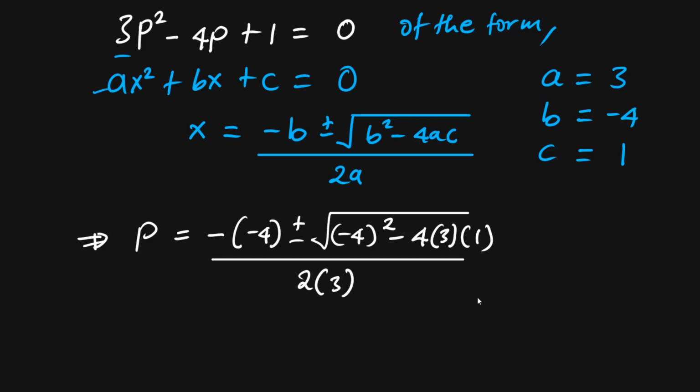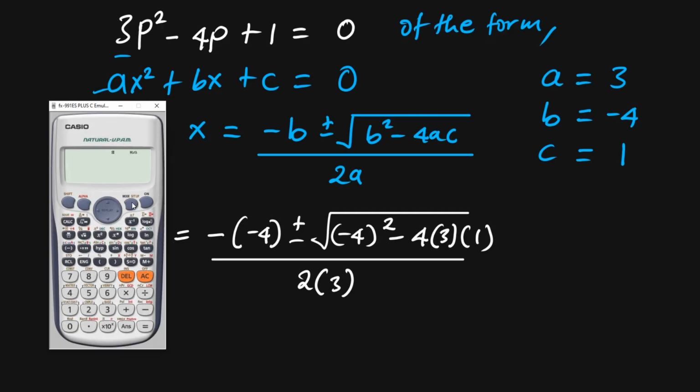From this step, let's use a calculator to obtain the values of p. So we go to mode, equation, degree 2, A equals 3, B equals -4, C equals 1. So our first value of p equals 1, and the second value of p equals a third.